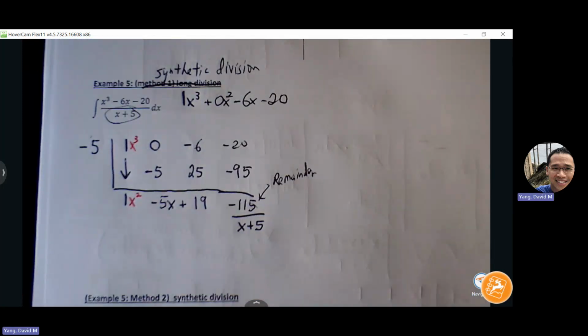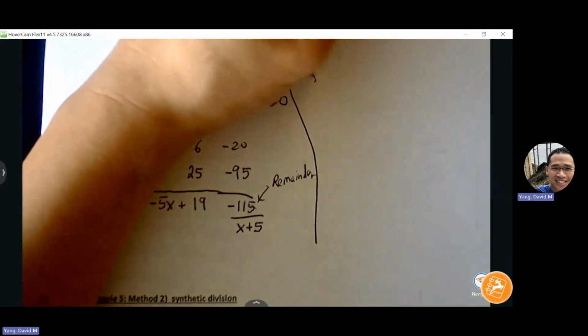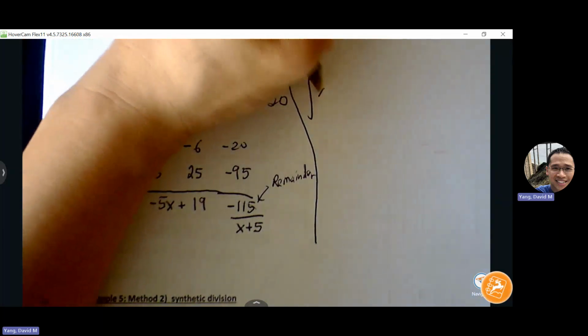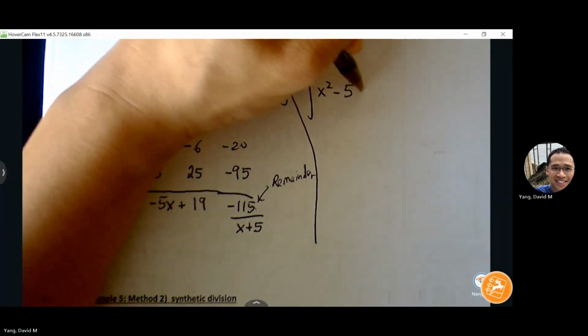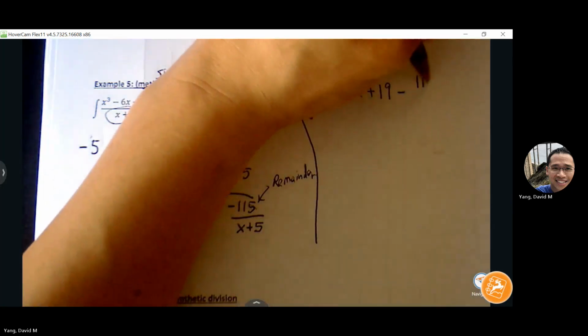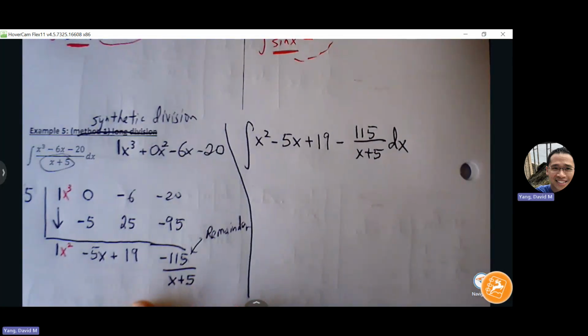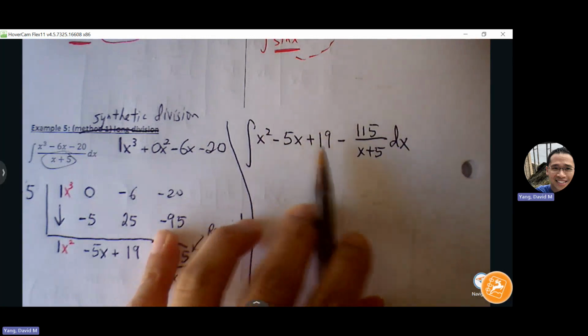Remember that we can't just leave this as the answer, right? We haven't solved anything, but we've just made it easier for us to apply the integral rules that are available. So make sure that we're only at the halfway point. But the nice thing is that these are all nicely separated, right?